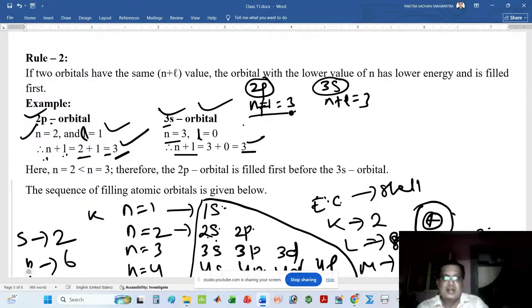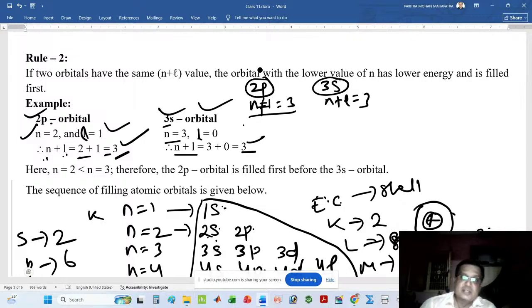Again, I want to say that if two orbitals have the same n plus L value, then in the second step go to the n value. The orbital which has the lower n value is said to have low energy.